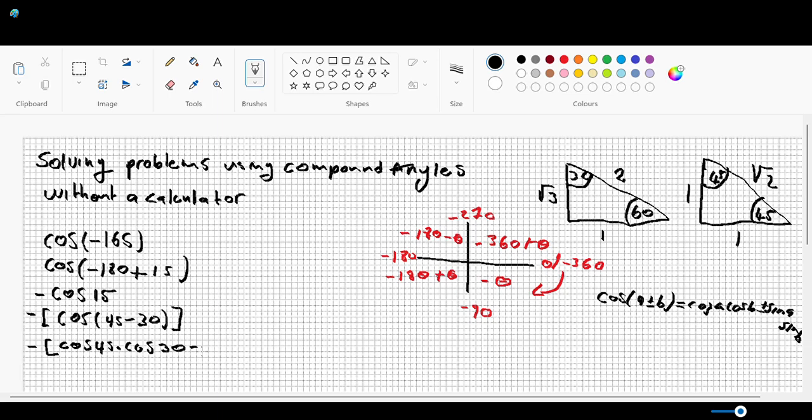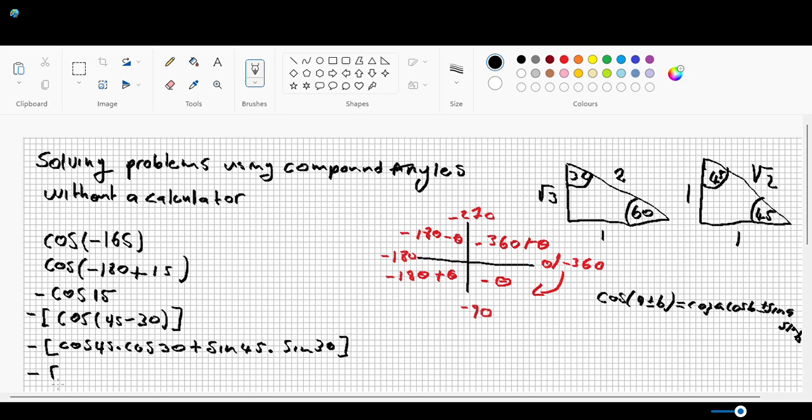If this is negative between 45 and 30, when you expand this, we're going to have positive here. And then we continue and say sine 45, and then sine 30. Alright. And then we start solving our problem.